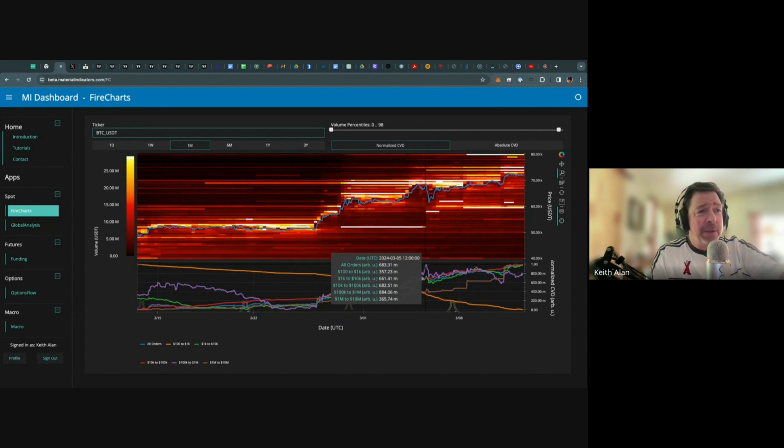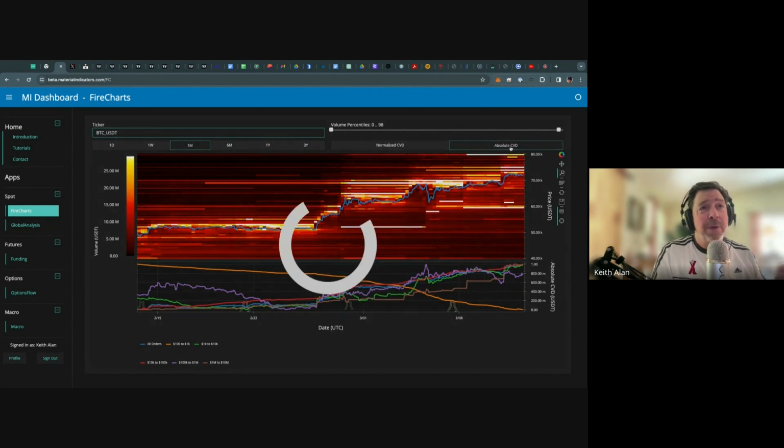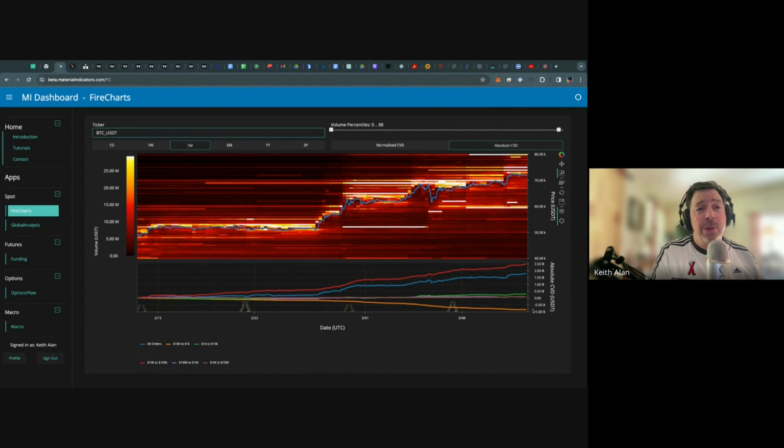Now, these values that you're seeing are just that normalized value. If we want to see what that looks like in dollar amounts, we switch over to the absolute CVD, and that shows us dollar values, right? Here we can see that smaller class has net bought and sold 856 million over the last 30 days.